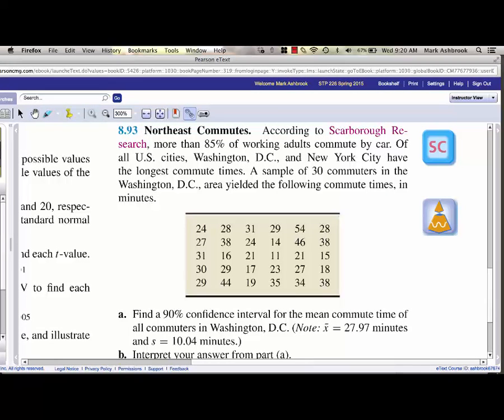Okay, so my pen stopped working at the end of class. I wanted to finish this example, or I could write actually. So we have a sample of size 30 commute times. We're trying to predict the population mean commute time. But the whole point here is the population standard deviation is unknown.